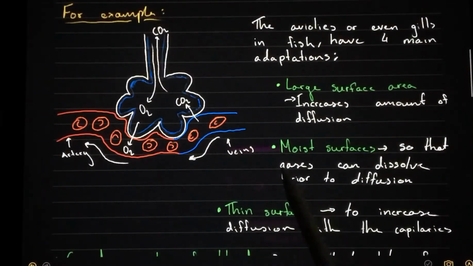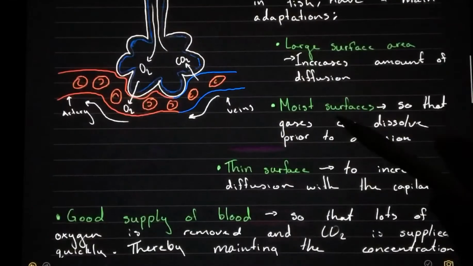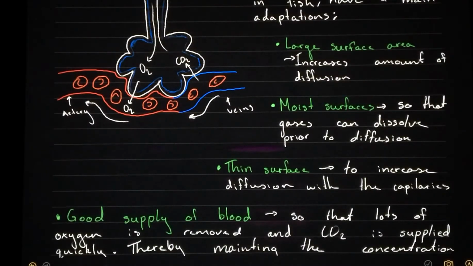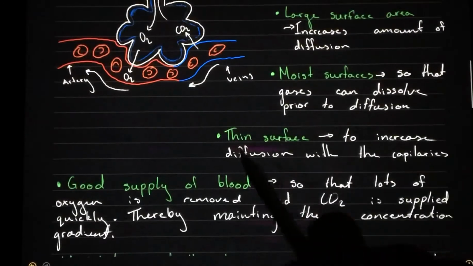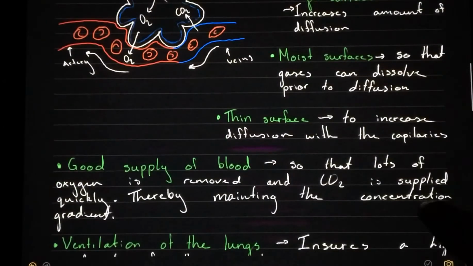It has a moist surface, which may sound a bit crazy, but it actually dissolves the waste products, allowing for easier diffusion. It has a thin surface to also increase diffusion. Just make it a bit easier for the oxygen and waste products.